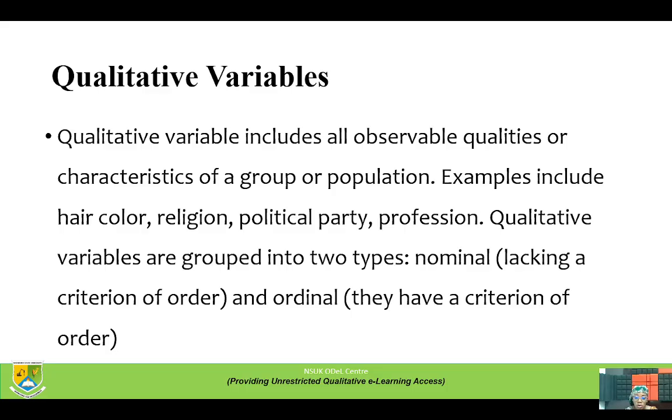Qualitative variables are grouped into two: the nominal variables and the ordinal. The nominal lack a criterion of order, while the ordinal maintain a specific order.